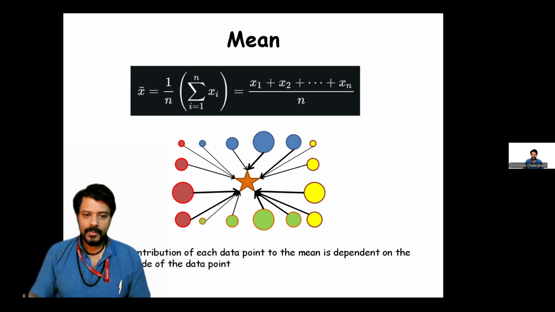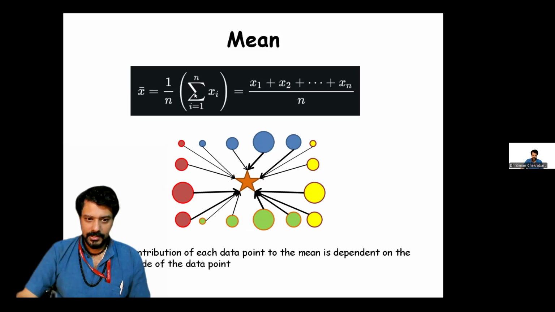These two notations basically mean that the data series starts from i equal to 1 and ends at i equal to n. So xi, in which i starts from 1 and ends in n, you add up all of those and you divide that by n. So this is the mathematical notation of how to calculate the mean.